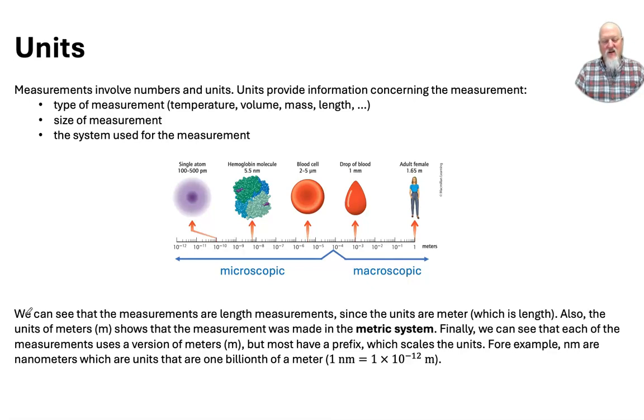So we can see that meter is still there, but now we have a prefix, milli, which means millimeter is smaller than a meter. If we go down to the size of a blood cell, it's a micrometer. That strange shaped U is micro in Greek. Again, we still have that meter base unit, but now we've got a different prefix, which makes it smaller yet. We go down to nanometer and picometer.